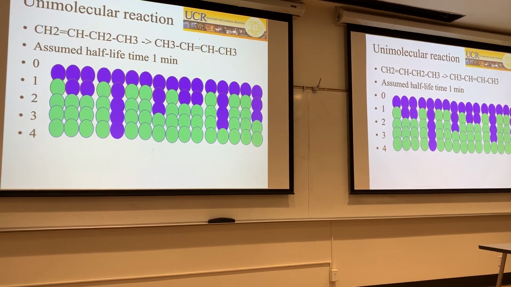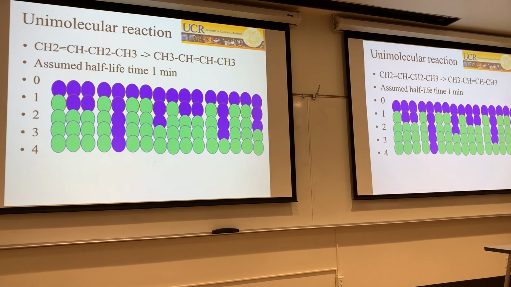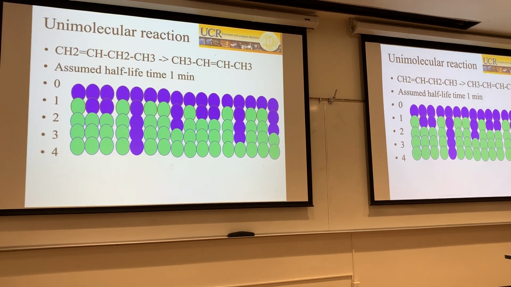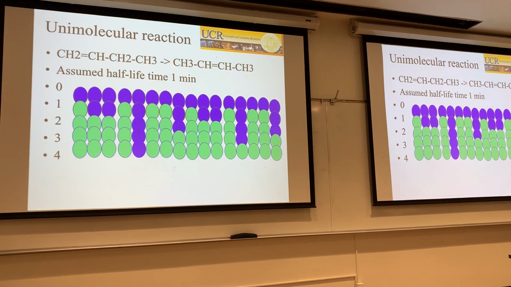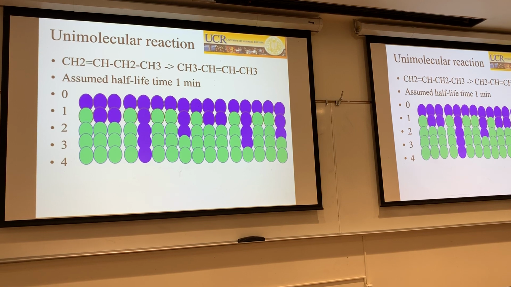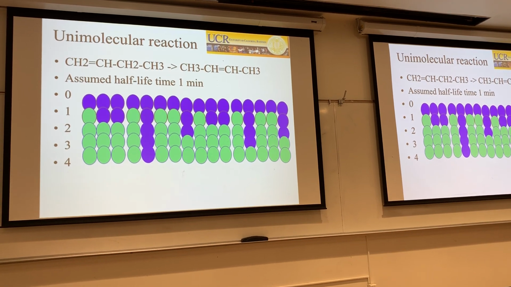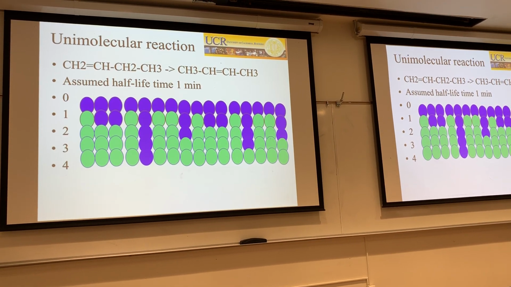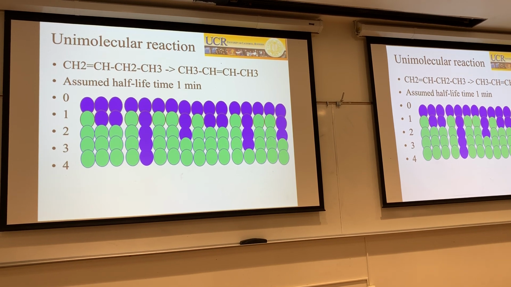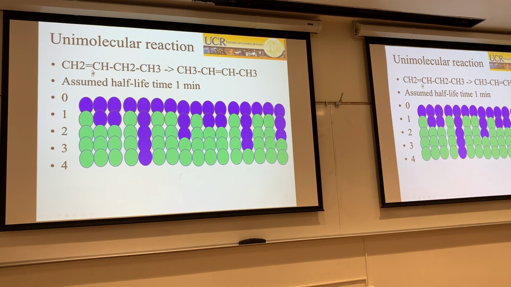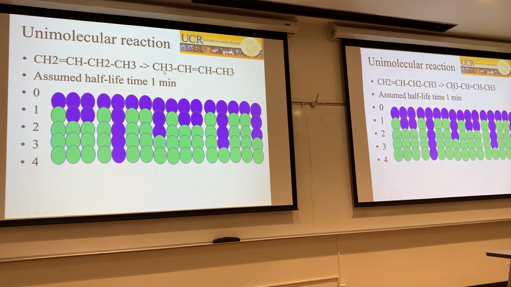Let's think about the unimolecular reaction. This unimolecular reaction here might be how the double bond moves from the outside to the center of butenes. So if I have such a reaction, only one molecule is involved, only one product is involved.